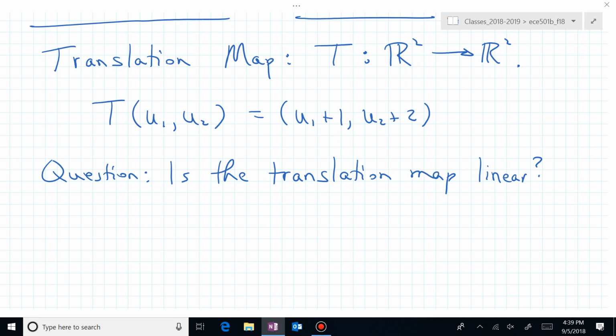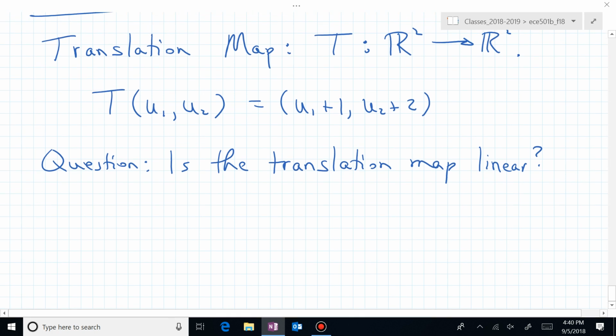But if you can find a counterexample through your first few examples, you might go, oh, now I don't have to prove it. I just found a counterexample to invalidate that statement. Here our statement is that maybe the translation map is linear, and we want to either prove or disprove that.